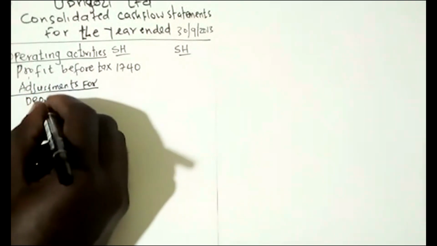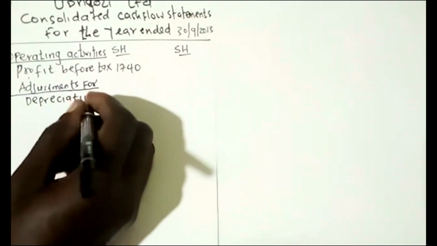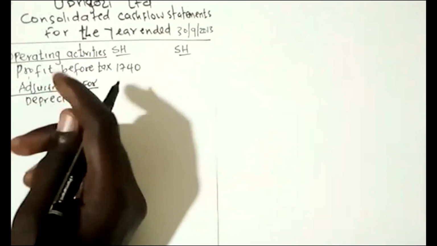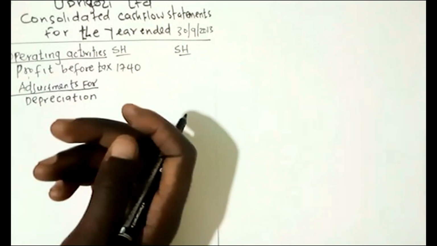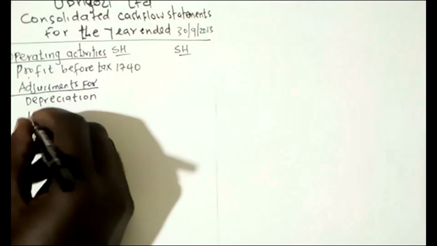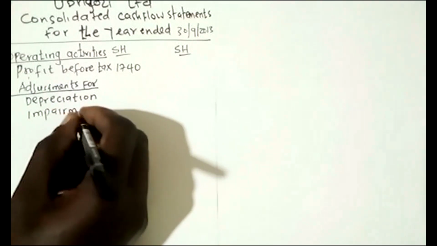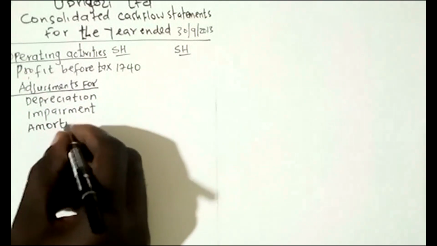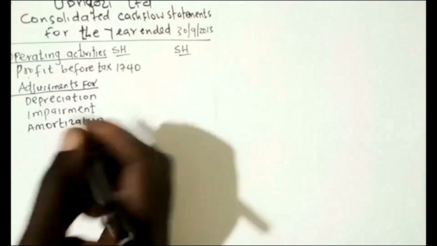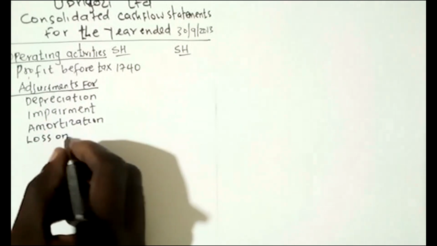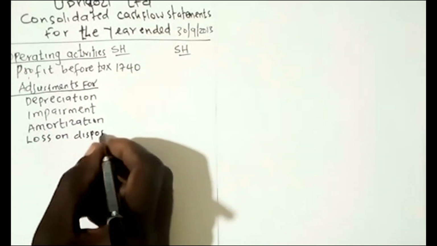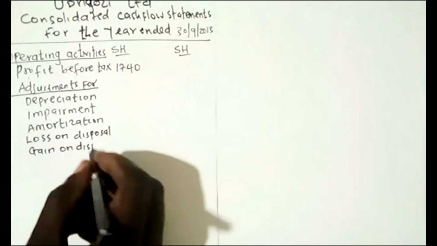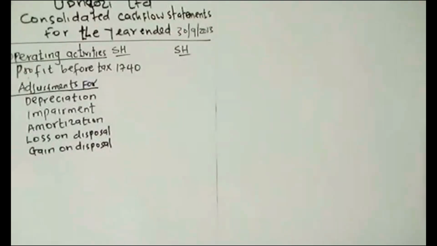If there is depreciation, these are the items you just write before even I check if they are present or not. Depreciation, impairment, amortization, loss on disposal, and gain on disposal.